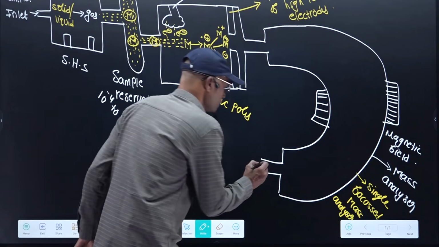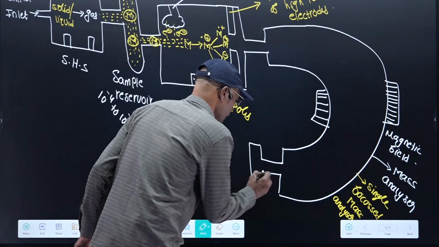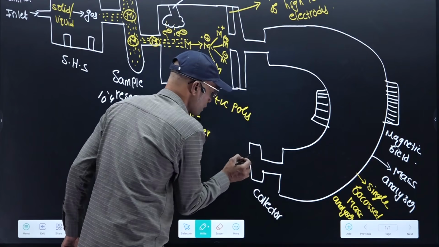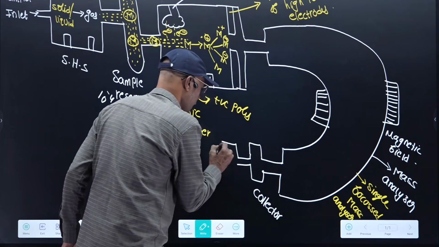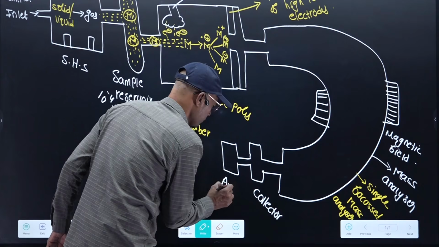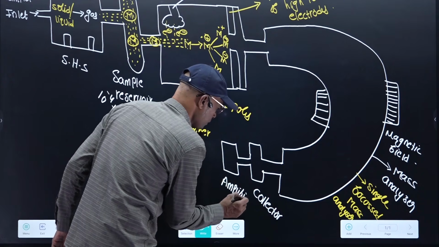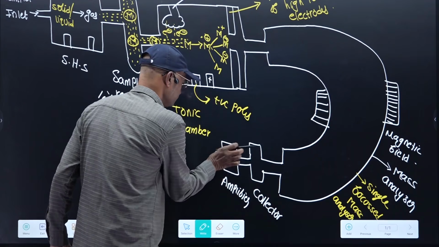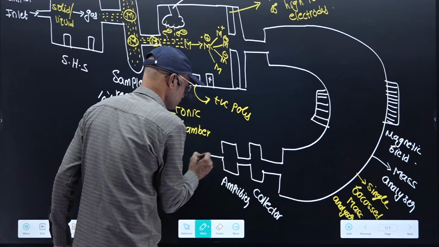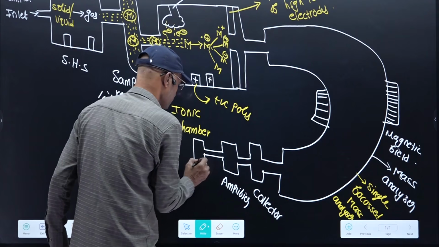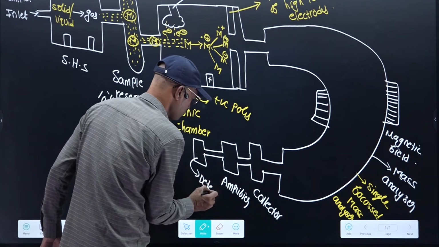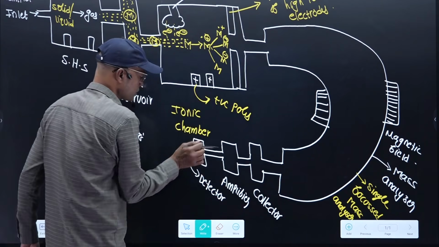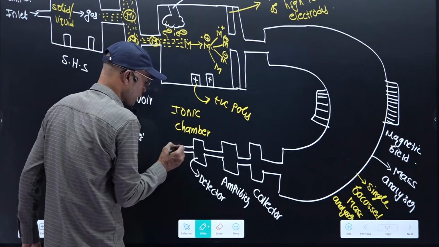Now this is further connected to a corrector. This corrector is further connected to an amplifier. This amplifier is further connected to the detector. This detector is further connected to a system, that is, a computer, or otherwise you can write directly a system.